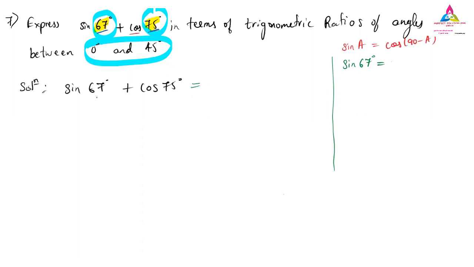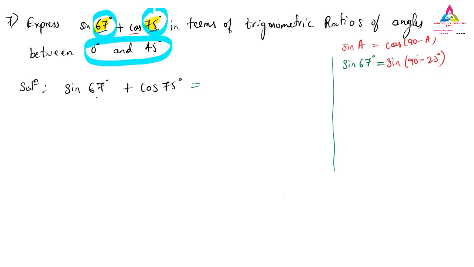So sine 67 can be written as sine 90 minus how much? 90 minus 67 gives 23 degree. Obviously 23 degree, you are subtracting. I went the reverse way, because I went directly with a cos way.